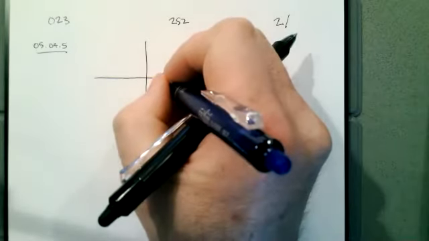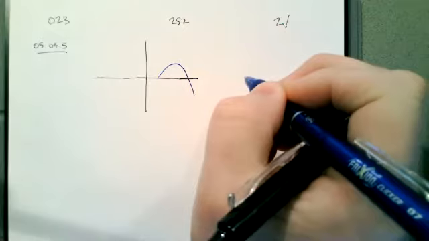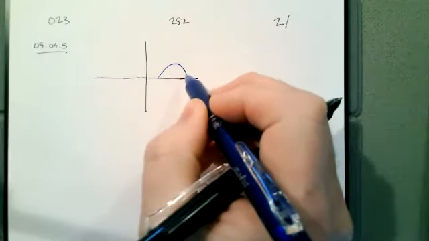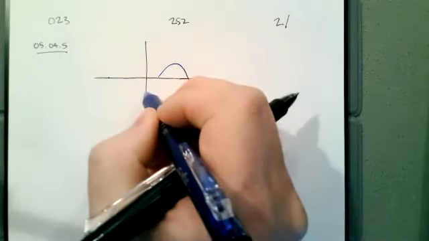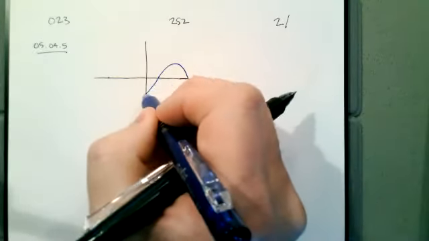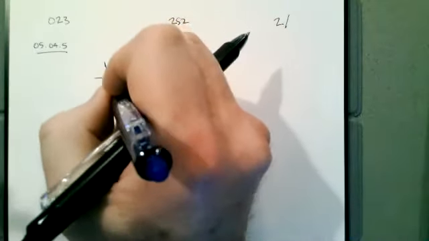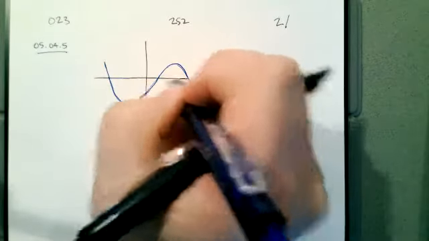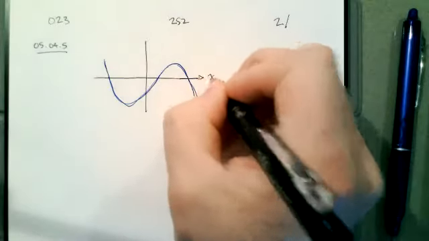So it looks like we've got this part here. And we're doing a definite integral, so I'm going to be caring about where this is above the x-axis and where it's below the x-axis. And we're just going to have this part down here. So this is a reasonable approximation of what we're trying to look at.